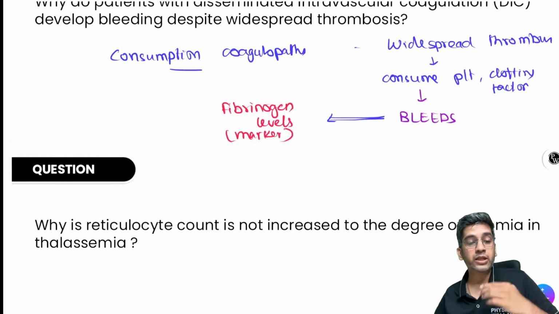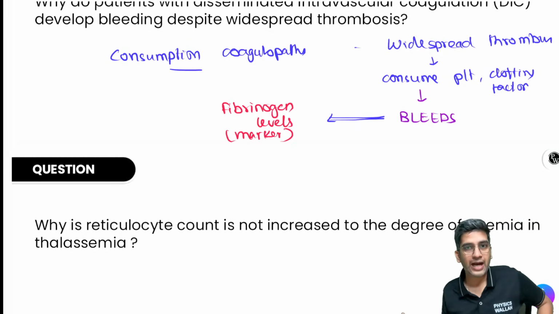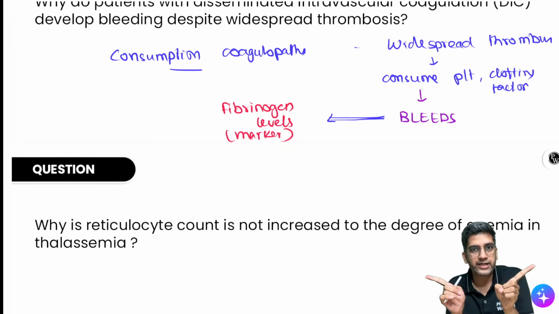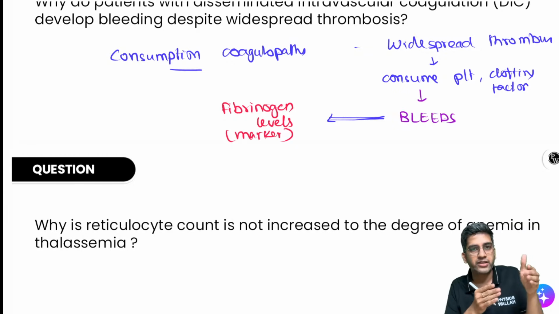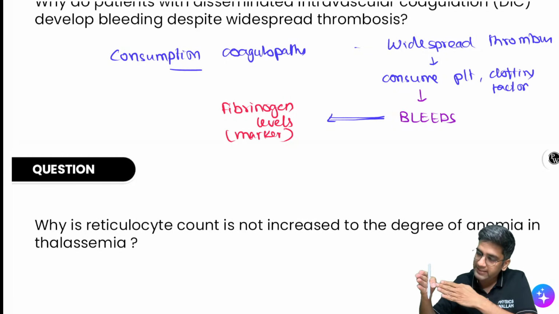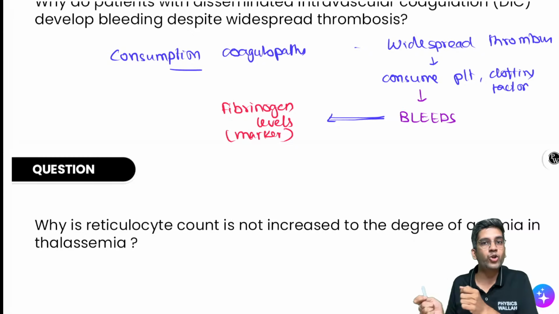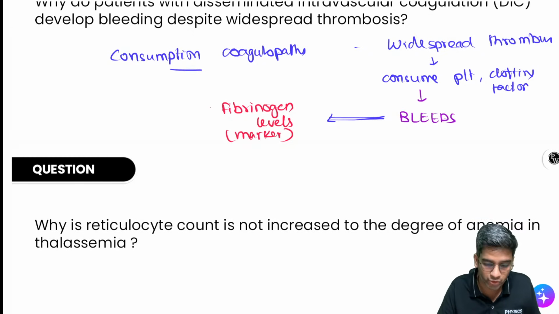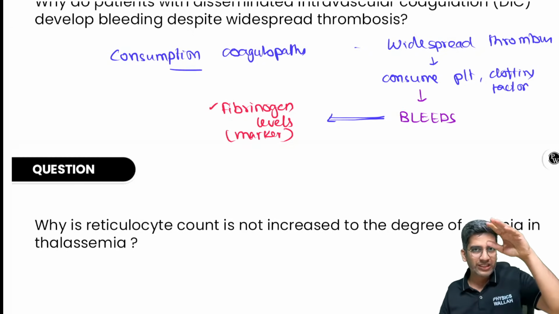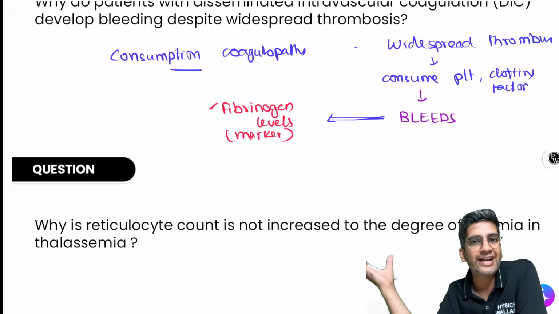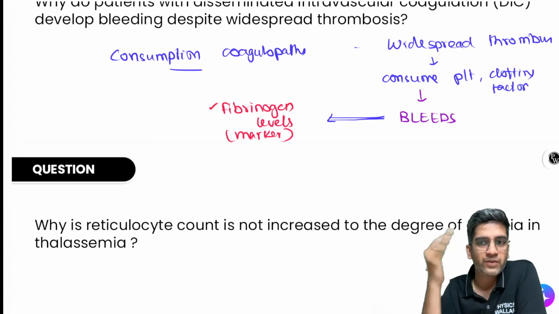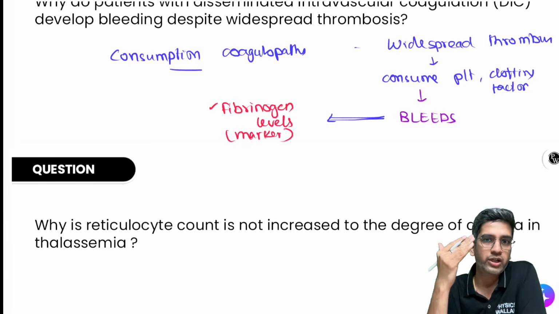This is very important, especially in treatment. If the person has a clot, I have to give anticoagulants. If the person is bleeding, I have to give platelets and clotting factors. So I need to know what to treat. If fibrinogen levels are low, the patient is definitely tipping towards bleeding. If fibrinogen levels are normal, I'll look at the clotting part.